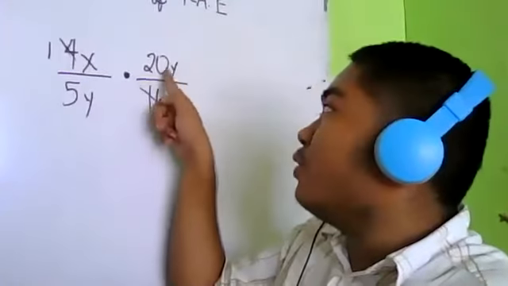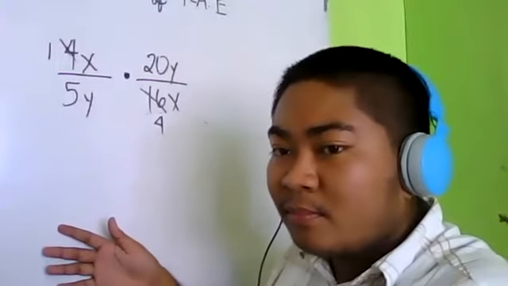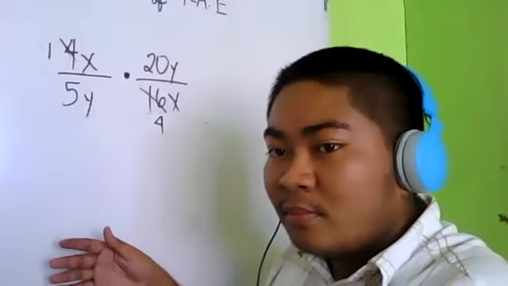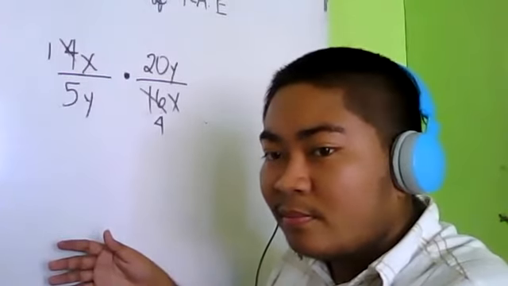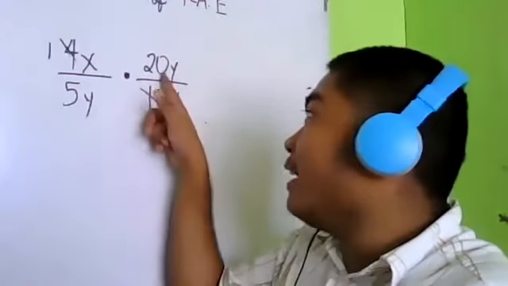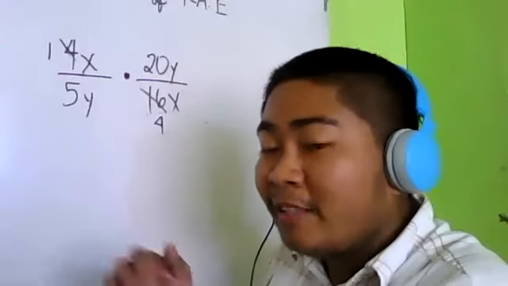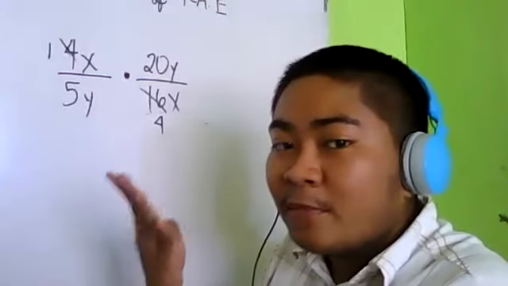Okay. How about 20y and 5y? Pwede ba natin siyang i-lowest term? Yes po. Pwede, kasi 20 and 5 is divisible by 5. Tama? Kasi pag nag-skip count ka, 5, 10, 15, 20.